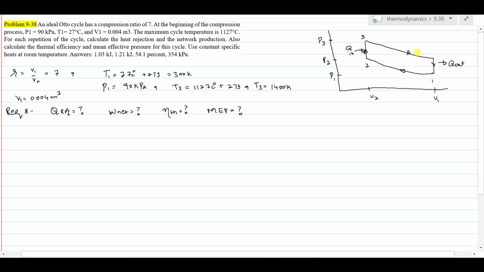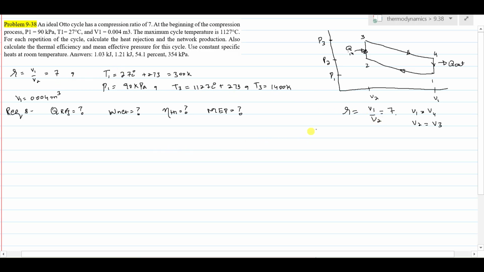Then isentropic expansion from 3 to 4 takes place. 4 to 1 is the heat rejection process at constant volume. Remember, the volume V1 is equal to V4, and the volume V2 is equal to V3 because it is taken at constant volume. V1 is the volume before compression, and V2 is the volume after compression. So the compression ratio is V1 divided by V2, and it is given in the statement as 7.